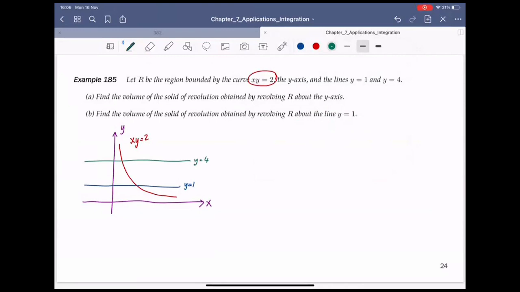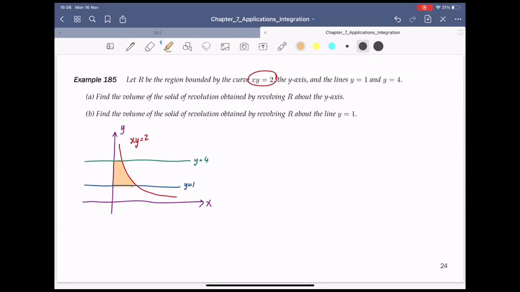That's my region of integration, the region before I rotate. This is the one that I highlight in orange.